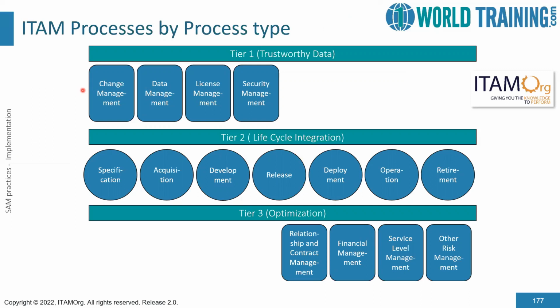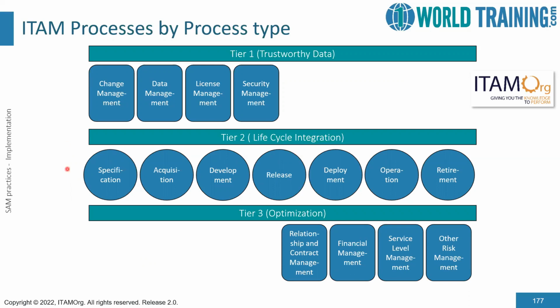Tier 1, trustworthy data, is about bringing in change management, core data management, license management, and security management. Tier 2 is about lifecycle integration, bringing in the cost efficiency and effectiveness, whereas tier 1 was about establishing the basic data availability.